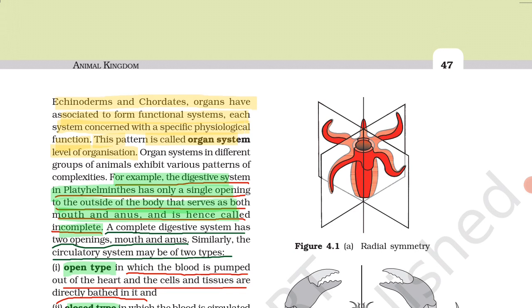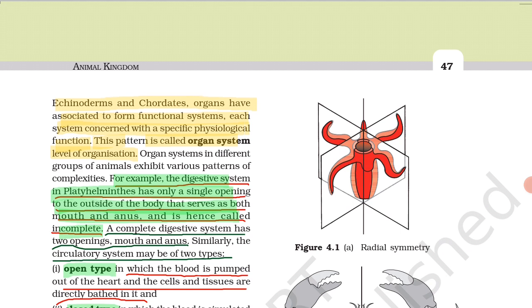In echinoderms, chordates, annelids and arthropods, they have multiple organs and each organ gives a specific physiological function. For example, the heart is for pumping, the lungs are for respiration. Various organs show various physiological functions, so they have organ system level of organization.